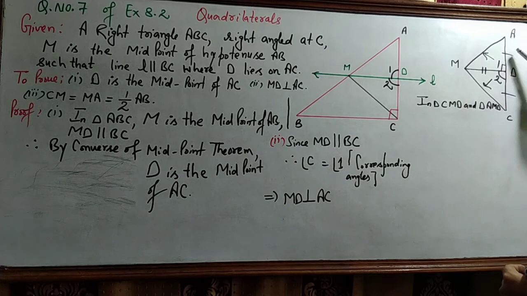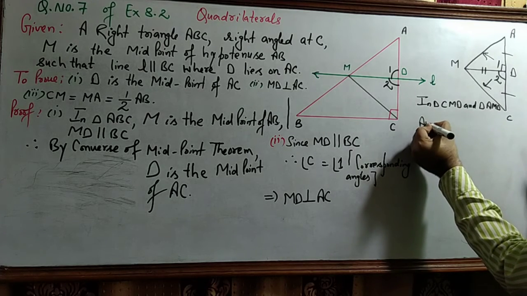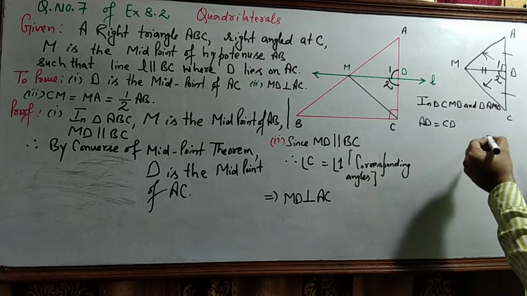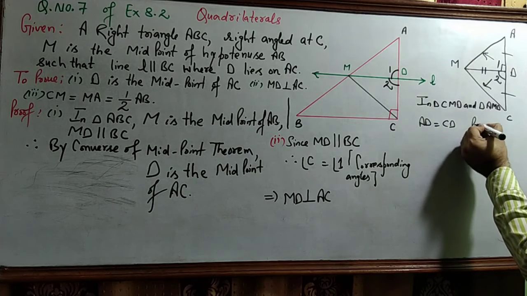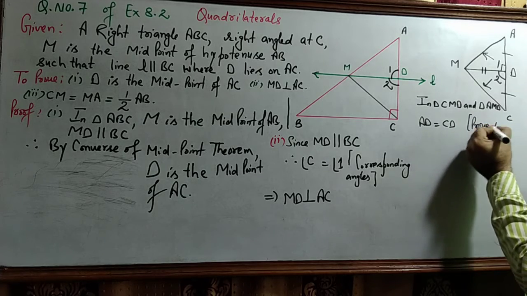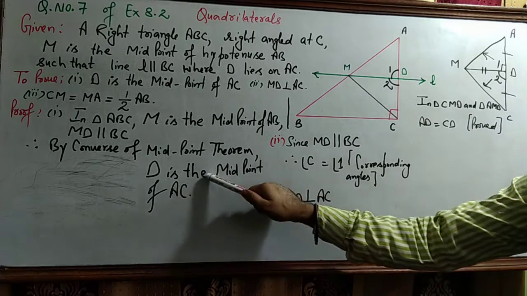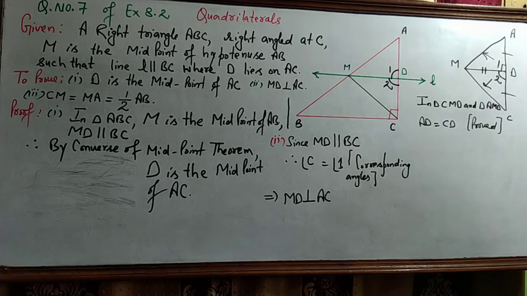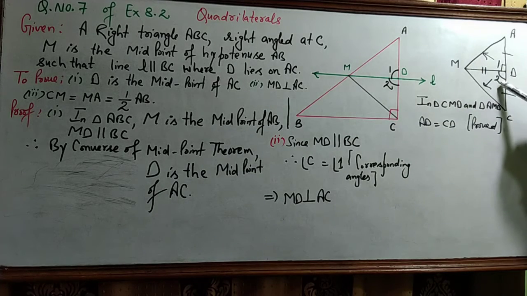देखेंगे यहाँ पे इस triangle में AD equal to CD. AD is equal to CD. Reason? Proved. आप लिख सकते हैं D is the midpoint of AC. हमने प्रूव किया D midpoint, so this is proved. AD equal to CD. Then angle 2 is equal to angle 1.